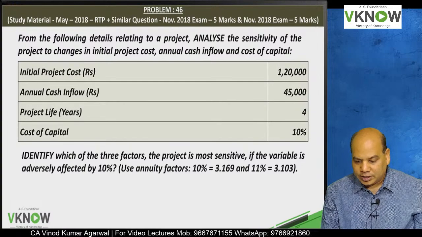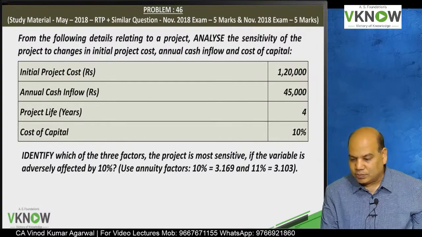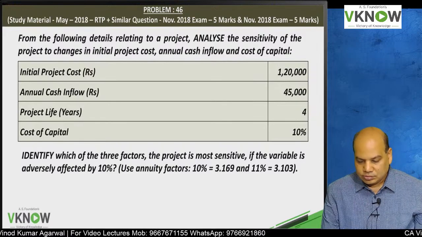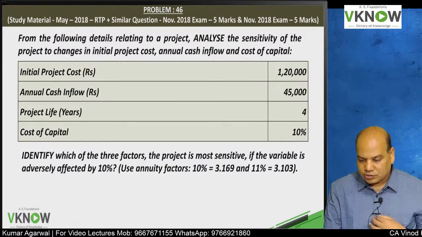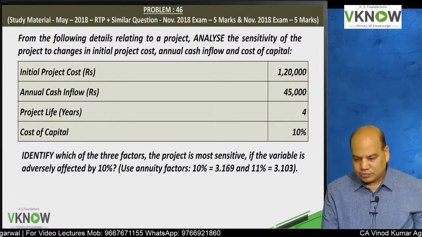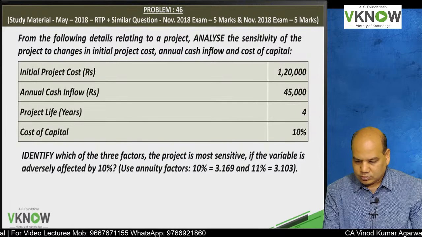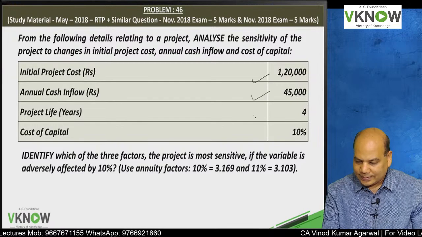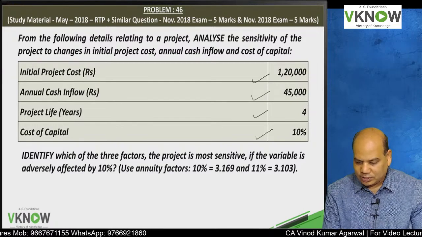From the following details relating to a project, analyze the sensitivity of the project to changes in initial project cost, annual cash flow, and cost of capital. Initial project cost is given, annual cash flow is given, life 4 years, cost of capital 10%.